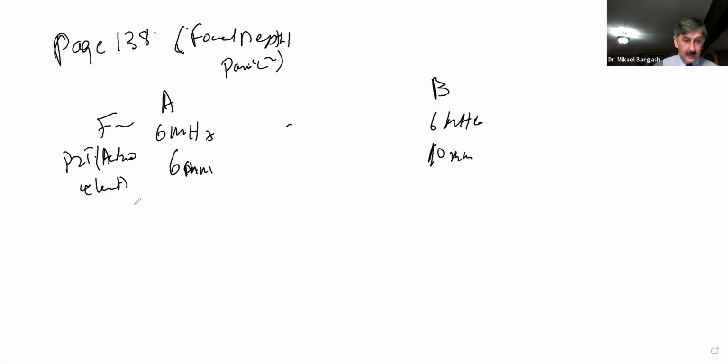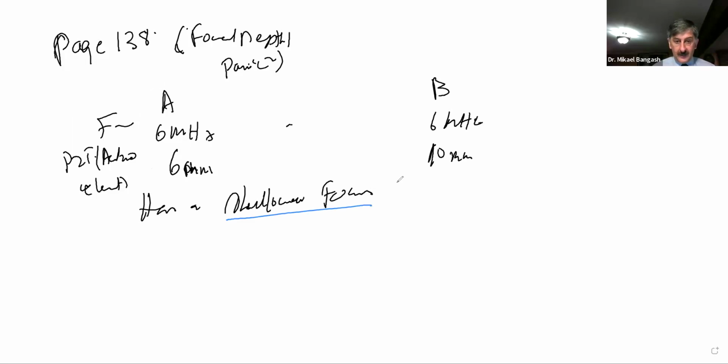What they mainly are asking is which of these two, A or B, has a shallower focus. Now, what would that mean to have a shallower focus?